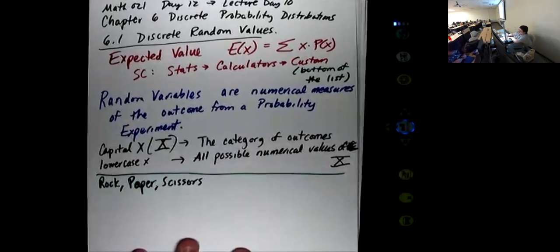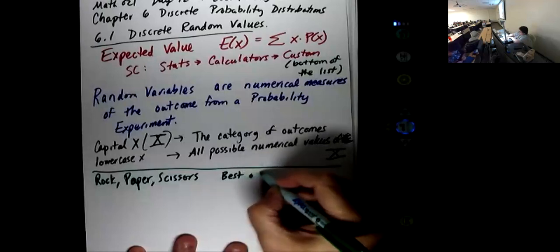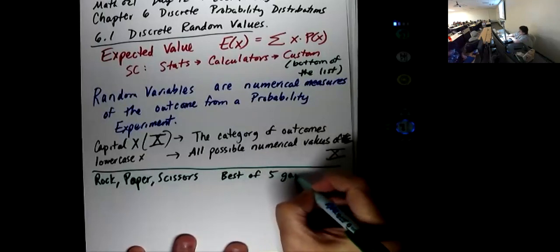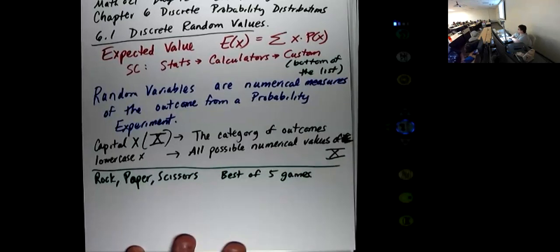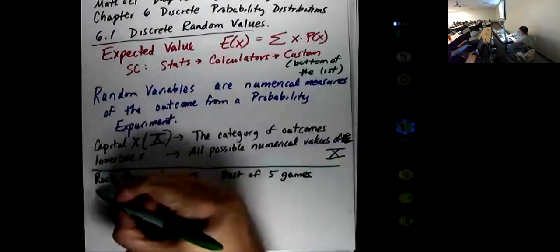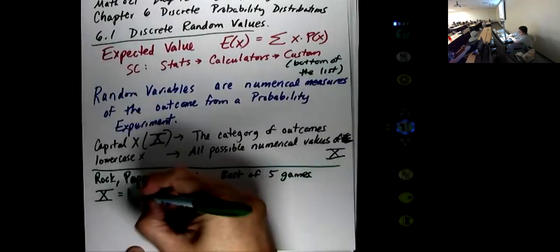Let's say we're going to go best of 5 games. And I don't care how many times you win. I care how many times I win. So capital X is going to measure how many wins I have.